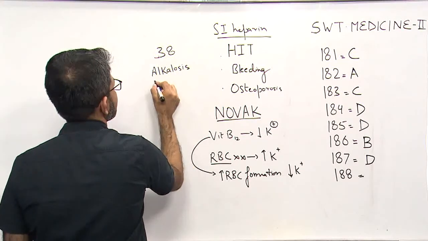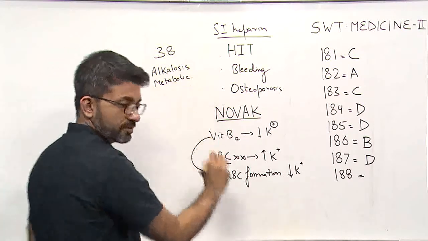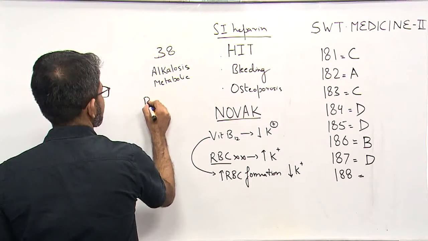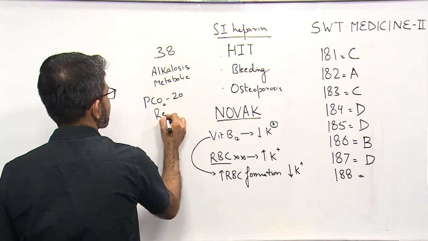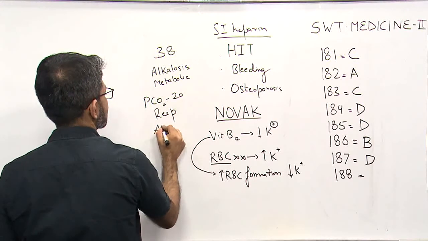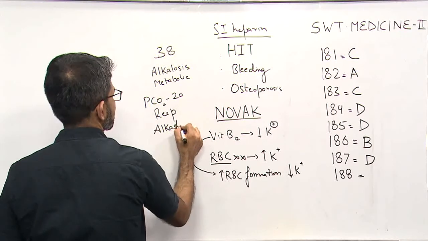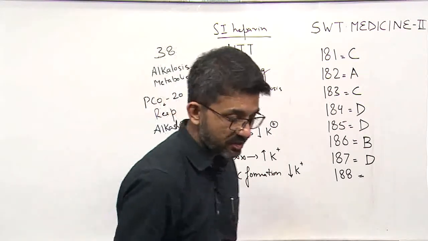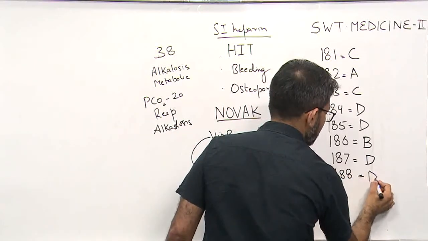Obviously, metabolic. And PCO2 is 20. Again, it is respiratory alkalosis. So, it is a mixed disorder, metabolic as well as respiratory alkalosis. So, answer is D.